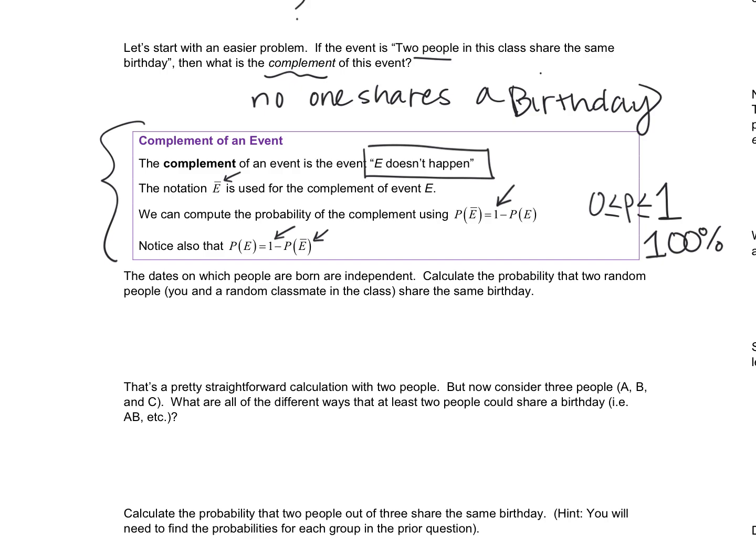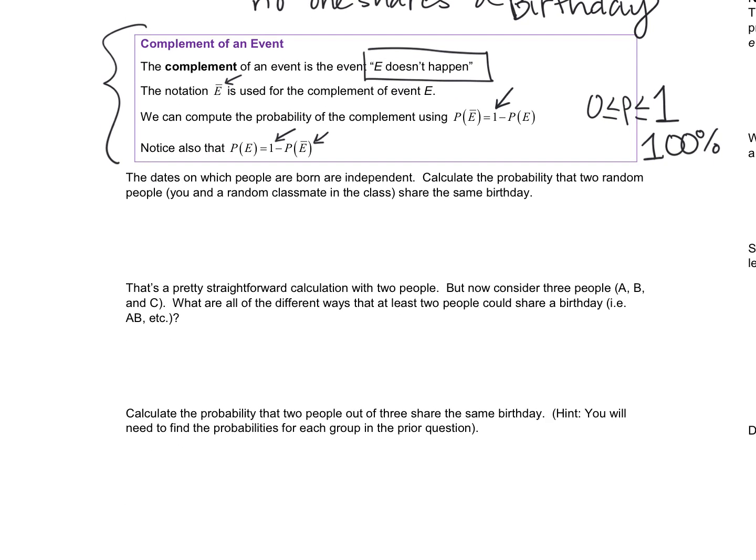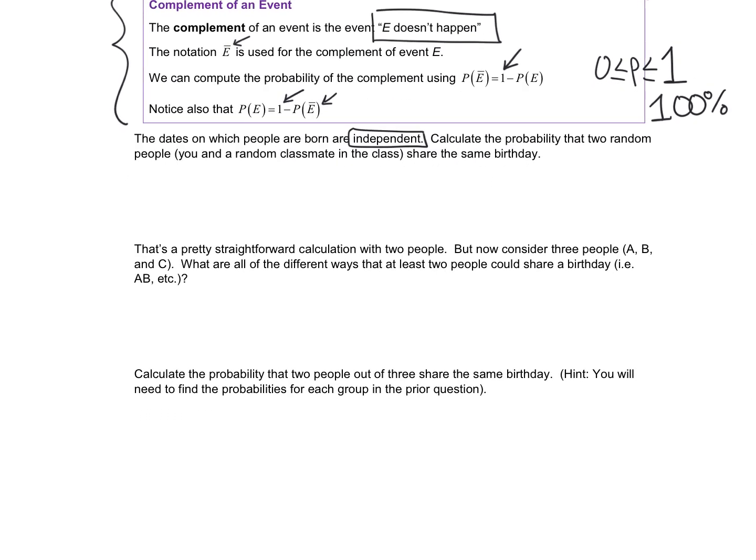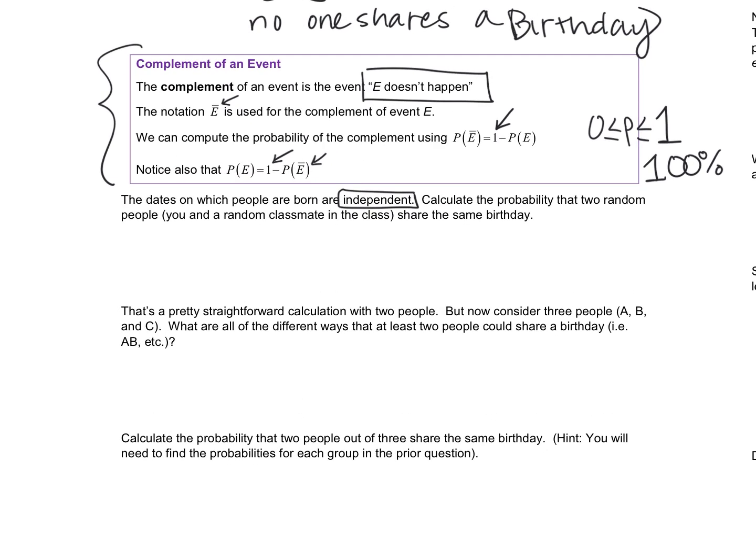So we're going to think about that a little bit, but first it says the dates on which people are born are independent. We want to calculate the probability that two random people, you and a random classmate in the class, share the same birthday. Now, that's a pretty straightforward calculation with two people. Basically, if there's just two people, that person has a birthday.